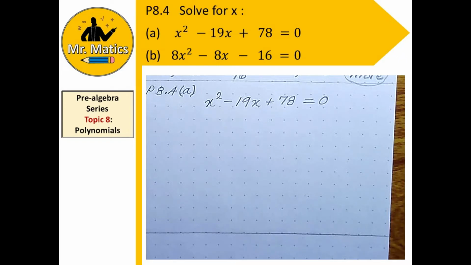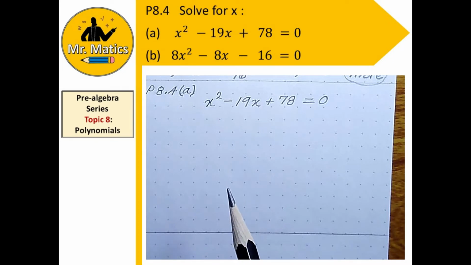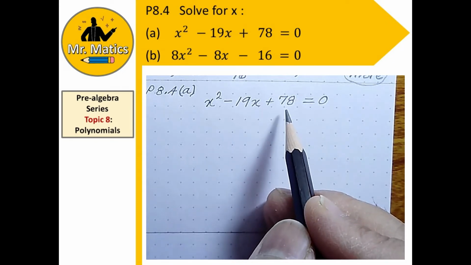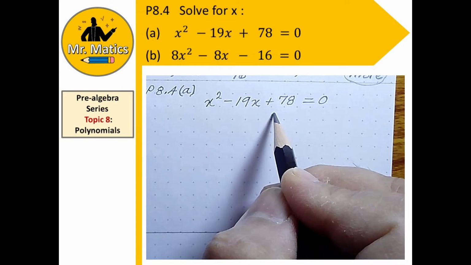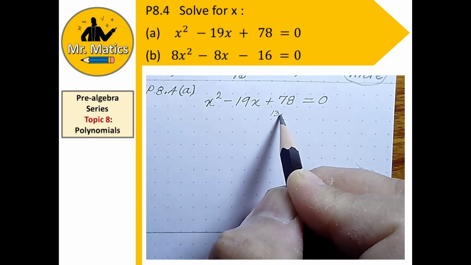What we will do is, again, we are going to factorize this polynomial on the left side. 78, if you divide it by 2, you get 39. So 78 is 39 times 2. And we know that 39 times 2 can also be written as 13 times 3 times 2.